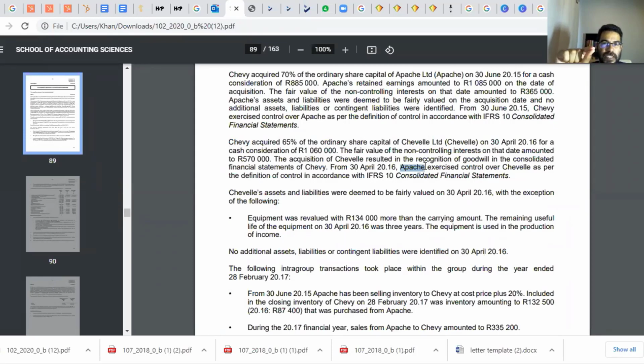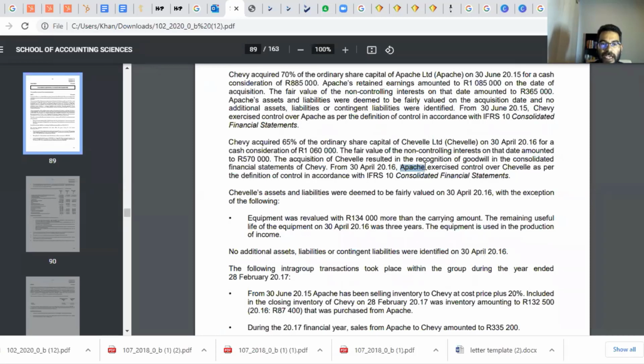That means we are a subsidiary. That means we need to consolidate. When did we exercise control? From 30th April 2016. 30th April 2016 is the date of acquisition. So that means on 30th April 2016, we apply IFRS 3, and then from 30th April 2016, we have to apply IFRS 10.